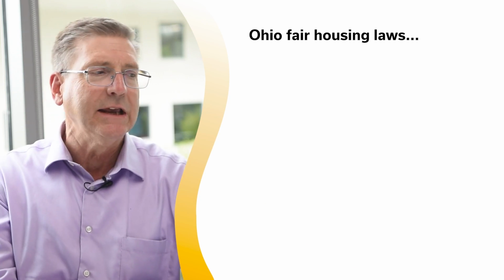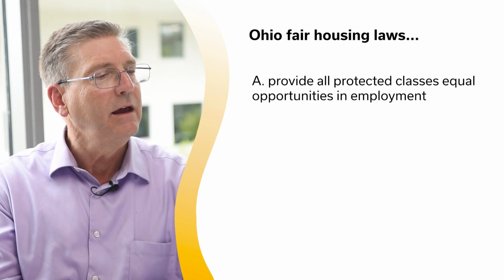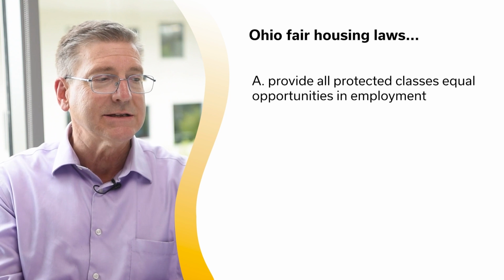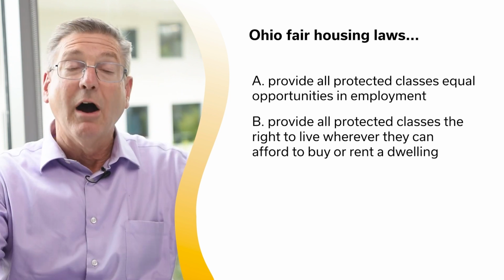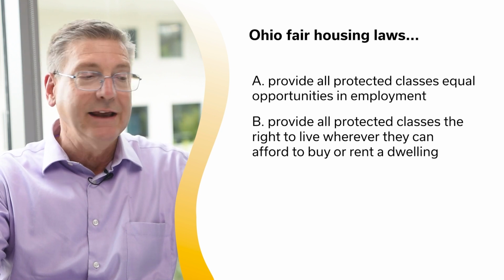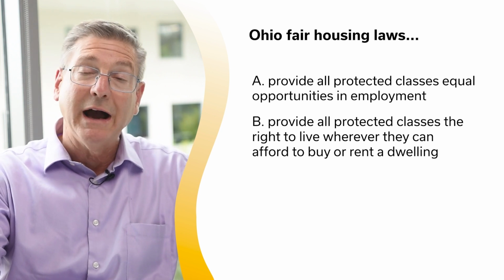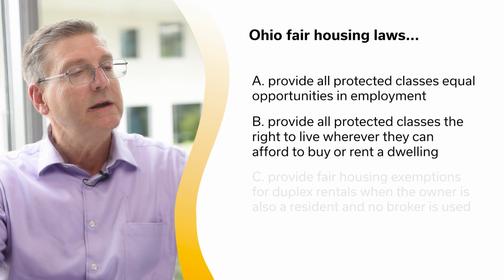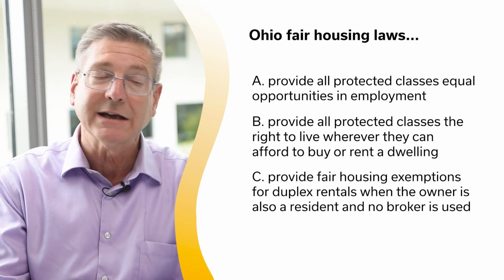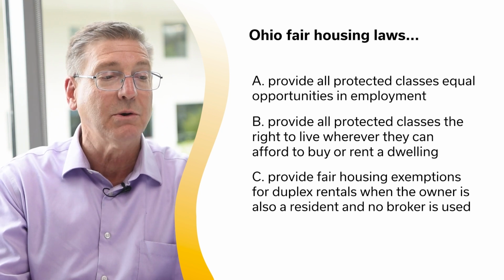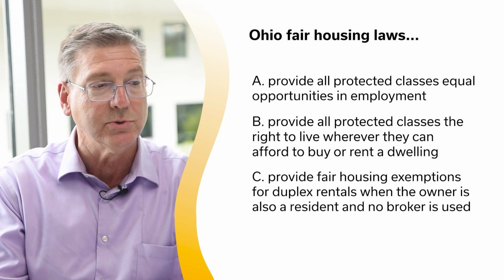Ohio fair housing laws: A, provide all protected classes equal opportunities in employment. B, provide all protected classes the right to live wherever they can afford to buy or rent a dwelling. C, provide fair housing exemptions for duplex rentals when the owner is also a resident and no broker is used.